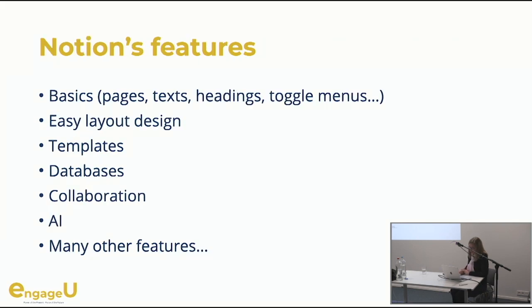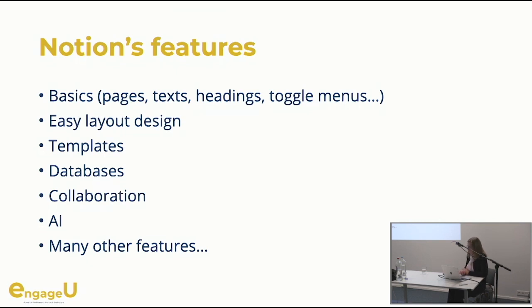Okay, so I showed you the Notion features that I use for project management. As I told you, there are many other features in Notion that I did not show you, we can do much more things. But I used basic ones: pages, text, headings, toggle menus. Notion permits to easily create the design of different pages.